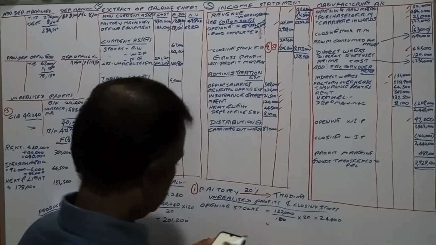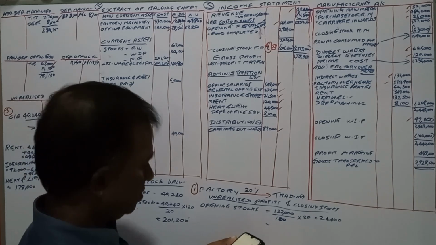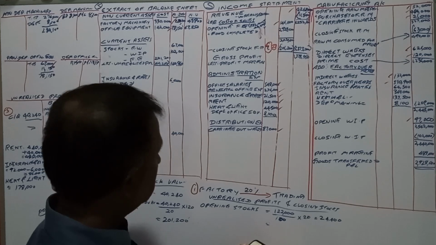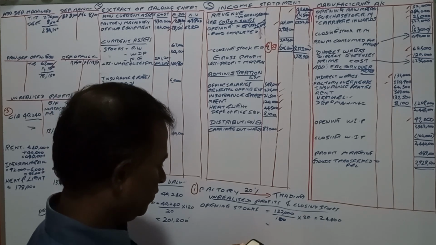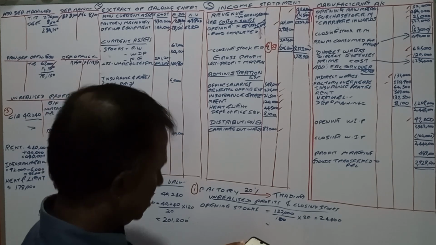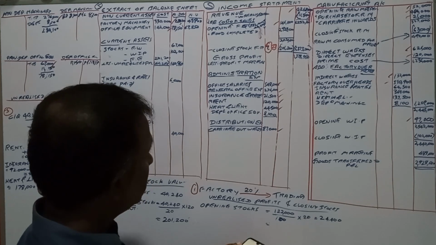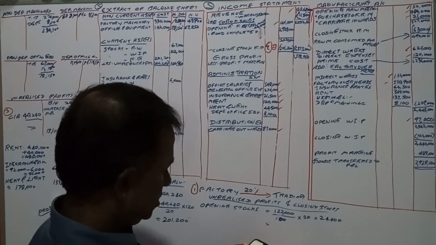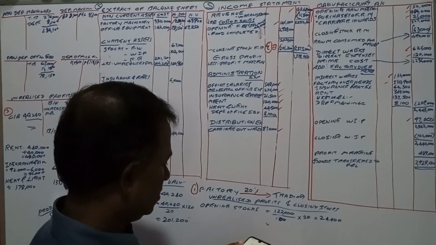Administration expenses: 548,000 plus 276,000 plus 21,500 plus 120,000 plus 44,500 plus 8,100.